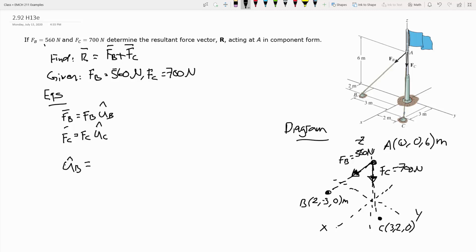How do we find any unit vector? It's going to be a normalized position vector. So it's the position vector divided by its magnitude. I'll be able to find this if I can find RAB, the position vector that points from A to B, divided by the magnitude of RAB.